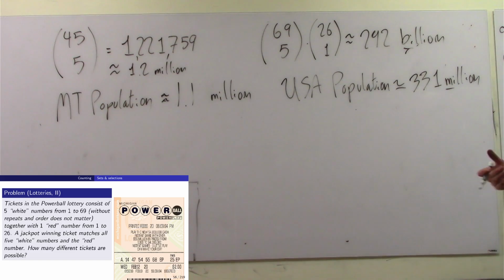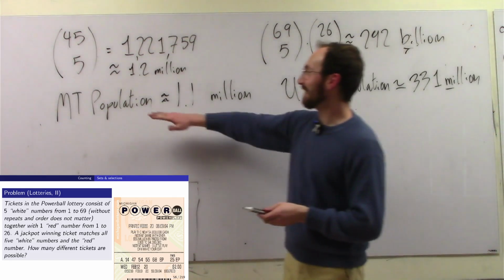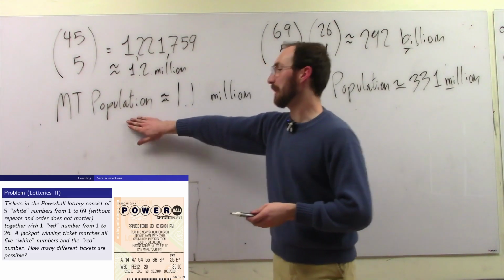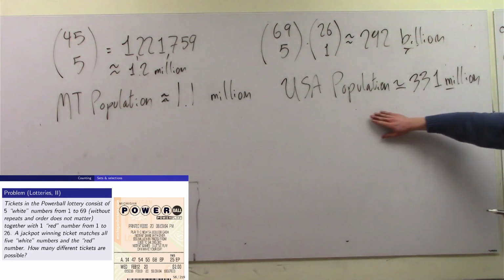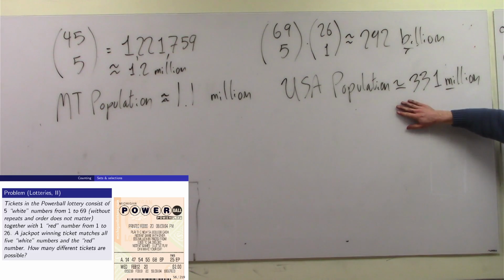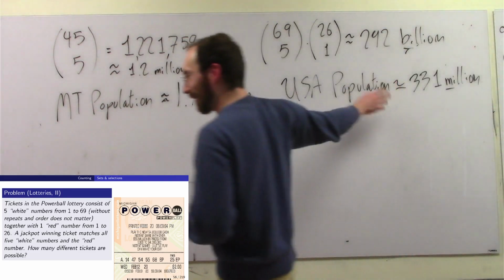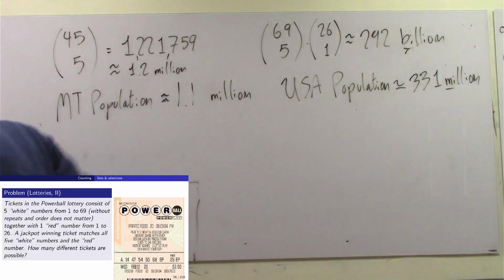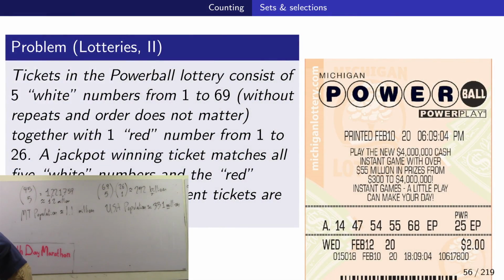Perfect. Okay, so somebody in Montana is sure to win way sooner than here. The orders of magnitude are crazy. This is 1,000 times more multiplicatively than that. So not likely you're gonna win, unfortunately.